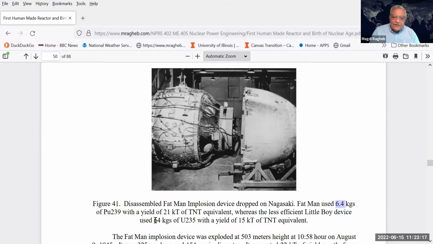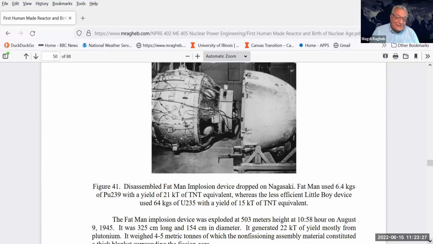But uranium-235 is less efficient. They needed 64 kilograms to produce 15 kilotons of TNT equivalent. So definitely plutonium was more, if you want to call it, efficient in the use of material. Modern day weapons primarily use plutonium, but some countries have basically gone the wrong way. They don't know what they're doing, they're just imitating.